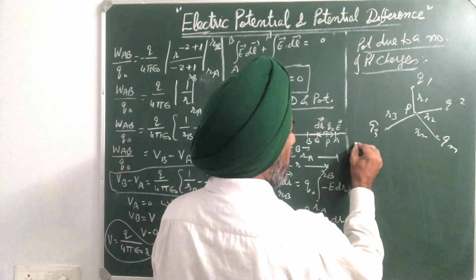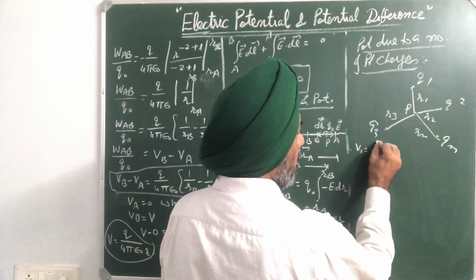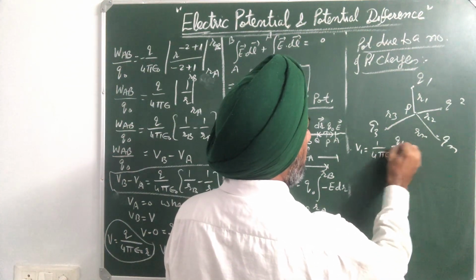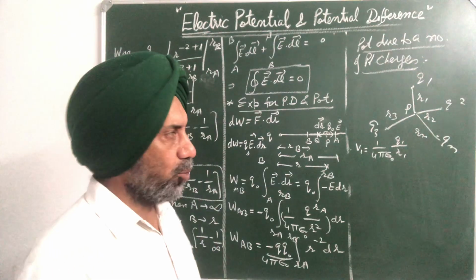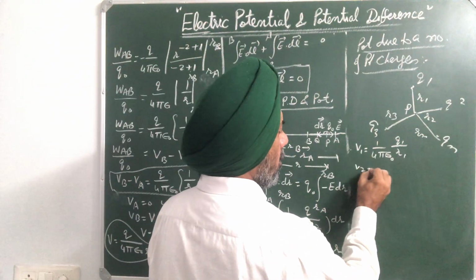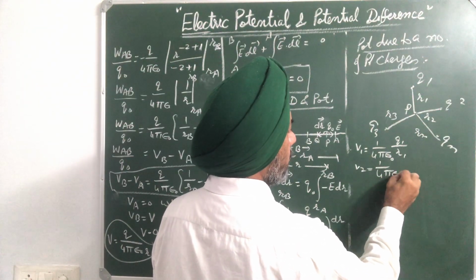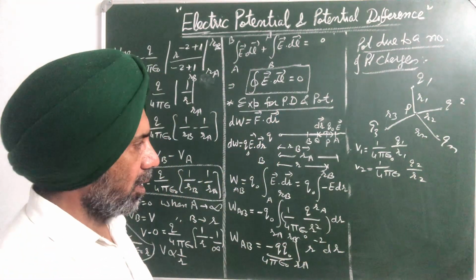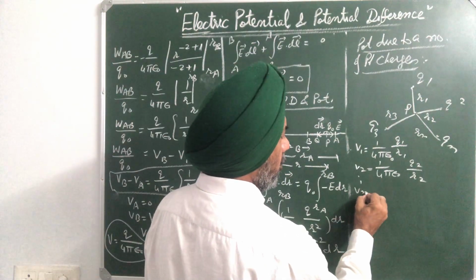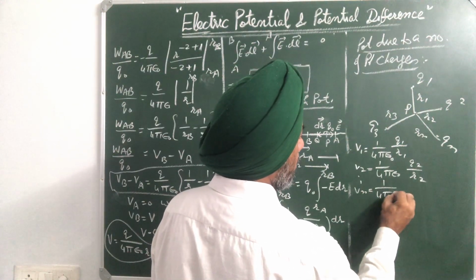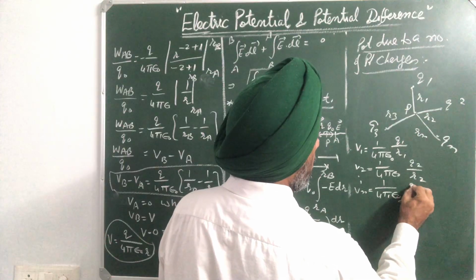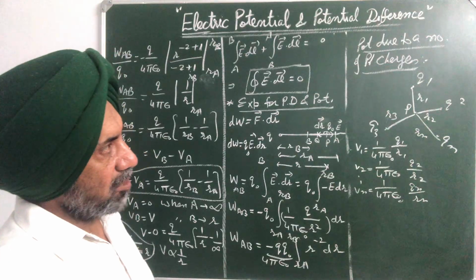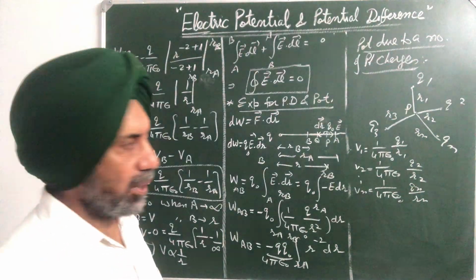Then by definition V1 will be equal to 1 upon 4 pi epsilon naught Q1 upon R1. Similarly V2 will be equal to 1 upon 4 pi epsilon naught Q2 upon R2, and so on. Vn will be equal to 1 upon 4 pi epsilon naught Qn upon Rn. Total electric potential will be the sum of all these individual potentials.